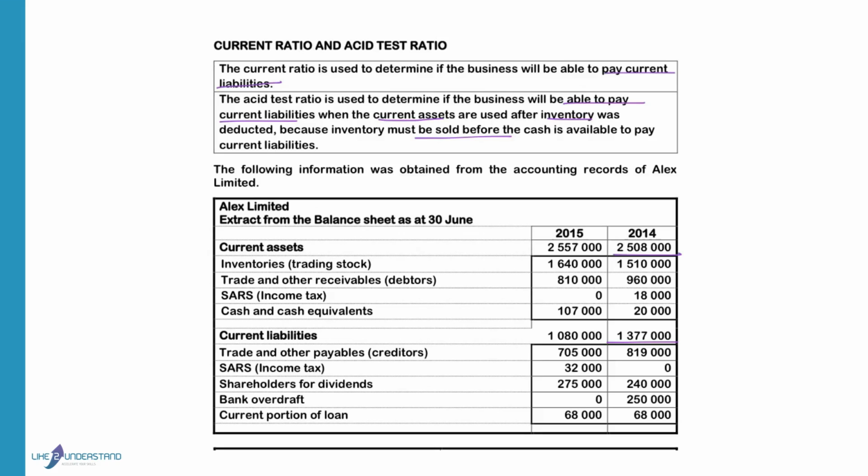If we look at the 2015 calculation, the current assets is 2250, the current liabilities is 1080, and this calculation gives us R2.40 for every R1 that is owed.